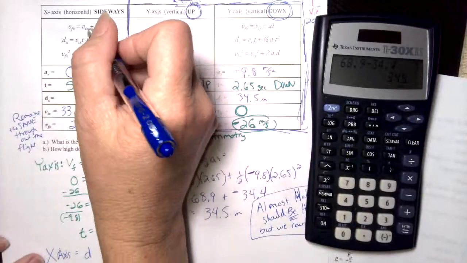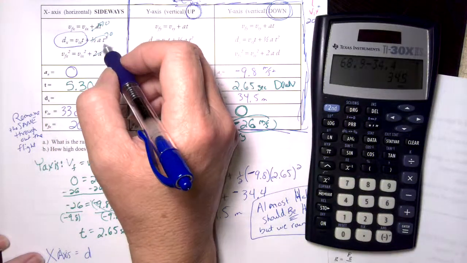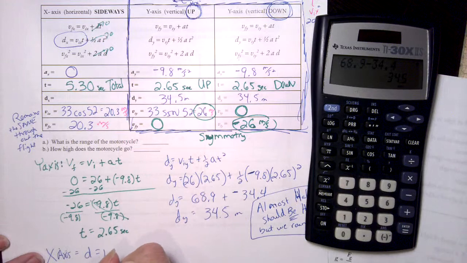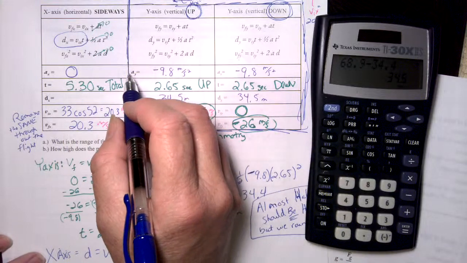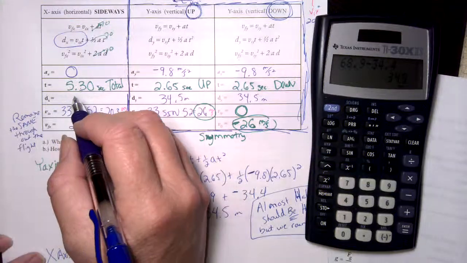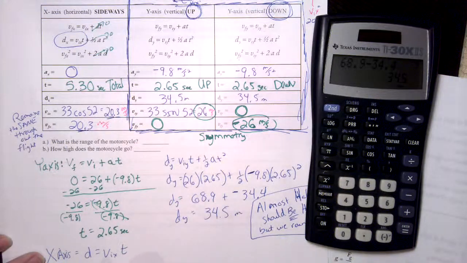The only useful equation over here, because these are all zeros, because it's not accelerating going horizontally, is V initial X times T. I know my T, that's the total time, double the time. And there's your velocity component, which never changes.